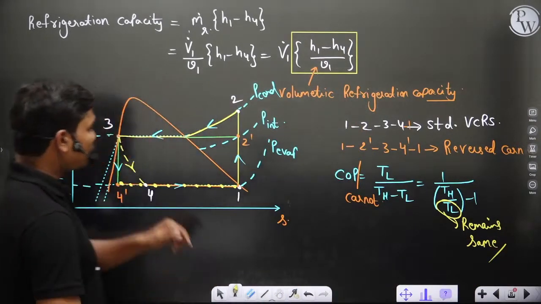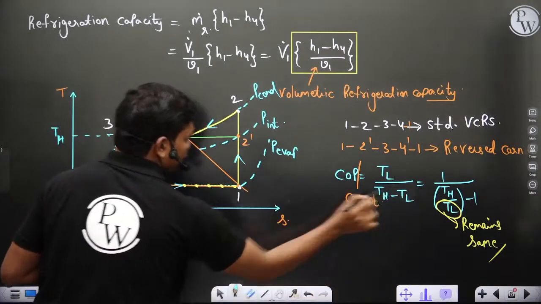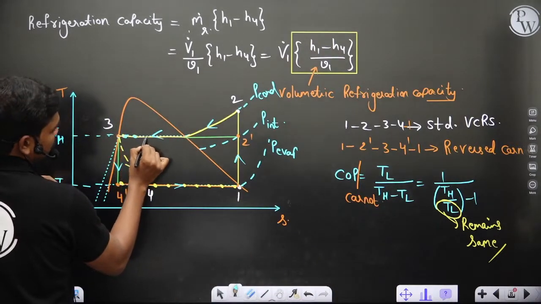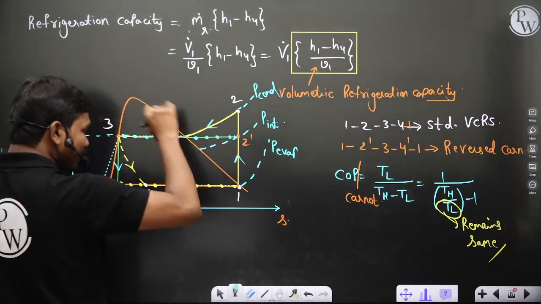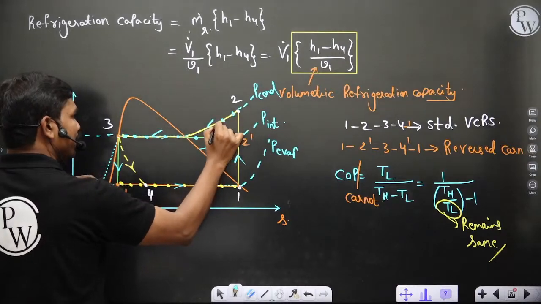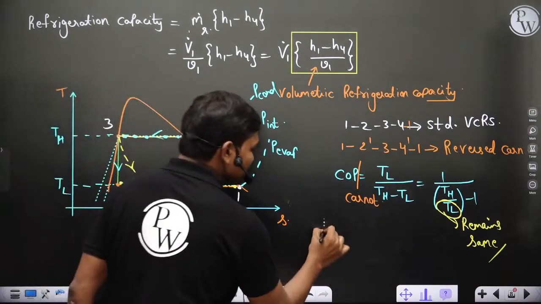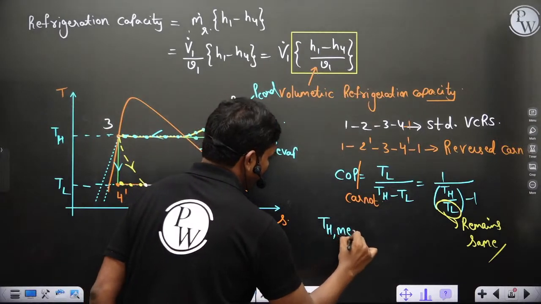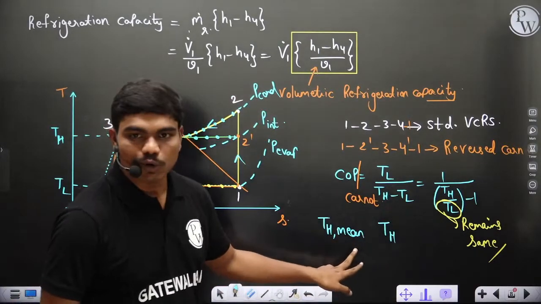But if you see the TH, this TH is actually here at all these points for the Carnot cycle, but in case of standard VCRS, some part of heat is getting rejected at a higher temperature. If I define something called TH mean and TH, can anyone tell me which symbol I should put between these two?